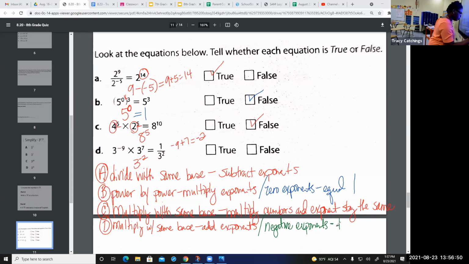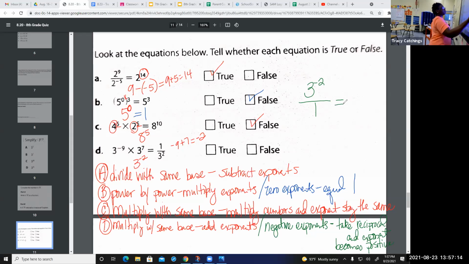Negative exponents take the reciprocal, meaning flip, and the exponent becomes positive. So right now we have 3 to the negative second power. 3 is the whole number, so it will be over 1. So when we take the reciprocal, it's moving to the bottom. And instead of a negative 2, it's a positive 2. So that one will be true.